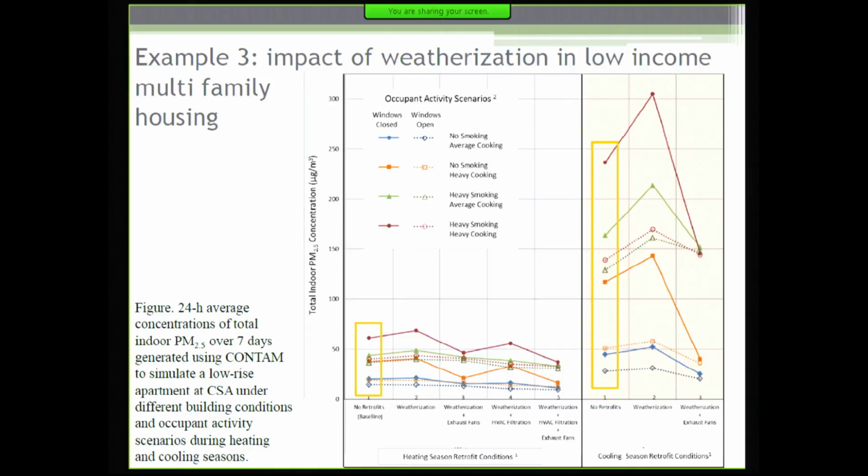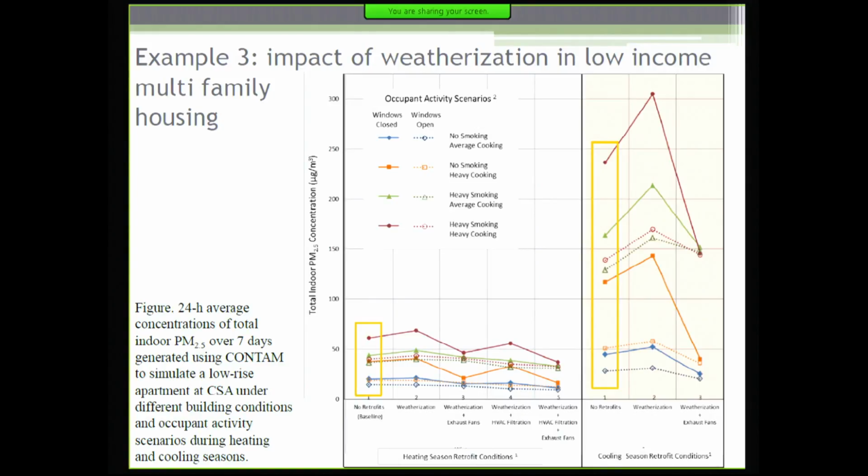Then you can say, if you have no retrofits from the baseline, this is your concentration. If you weatherize, concentrations go up. If you weatherize and use your exhaust fan, concentrations drop. Use filtration, etc. That top line is for a heavy smoker, heavy cooker. There are different color lines for different types of behaviors, and the dotted red line would be if you open your windows.